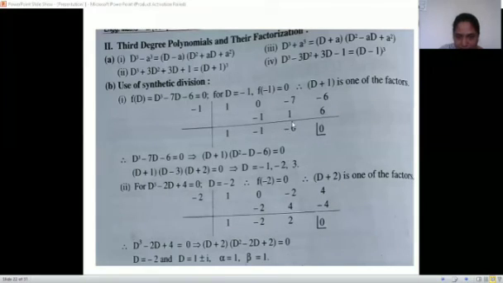As this is the constant, it is -6. This is the coefficient of d, that is -1d, and this is the coefficient of d square. So this term can be written as d square minus d minus 6. So this factorization can be written as d plus 1 into d square minus d minus 6.